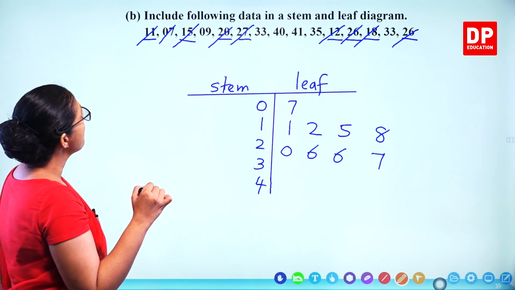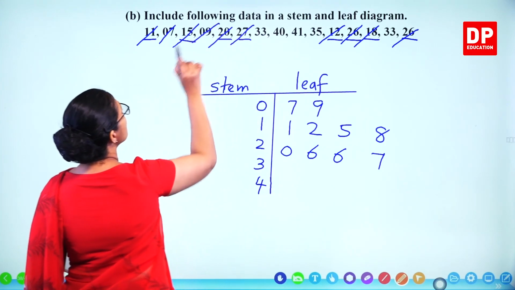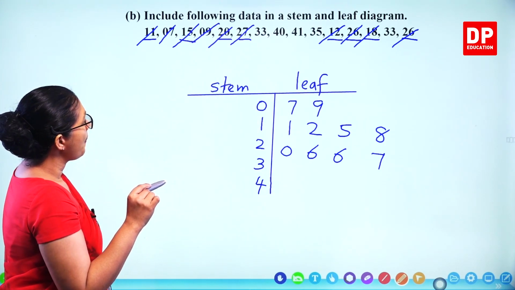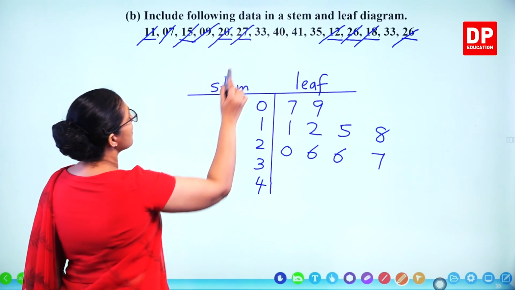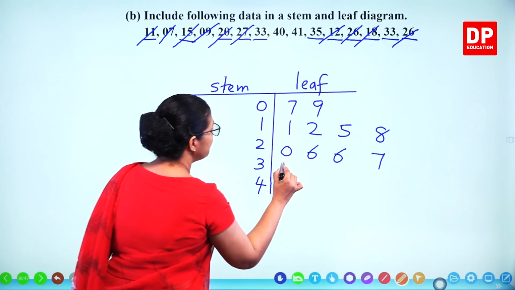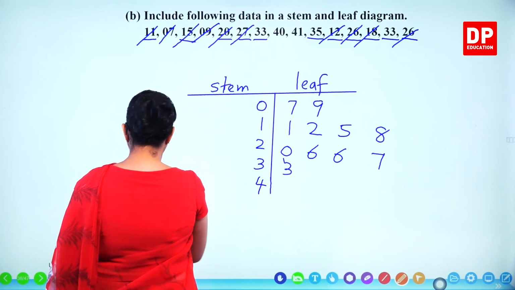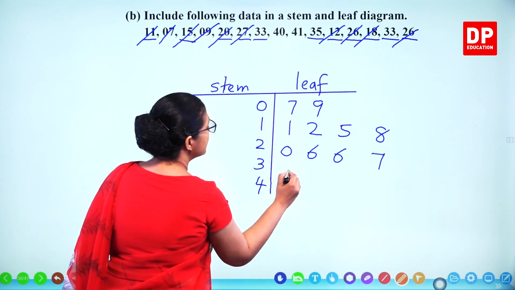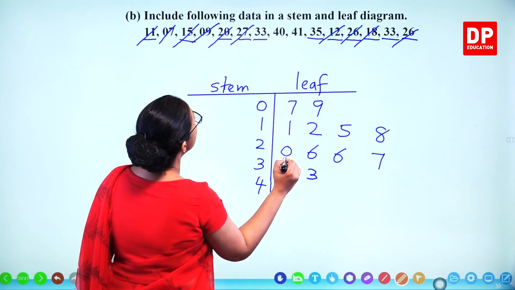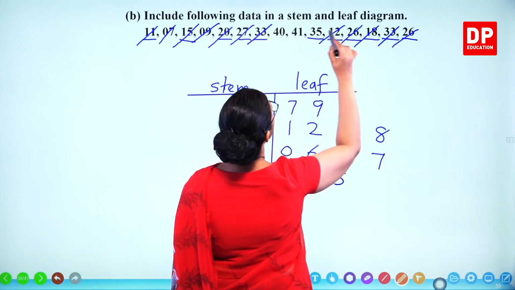30s, here there's a 0, 9 also. I didn't say that, so we can cross it out. 3, 3, 3, 5, 3, 3, 5.